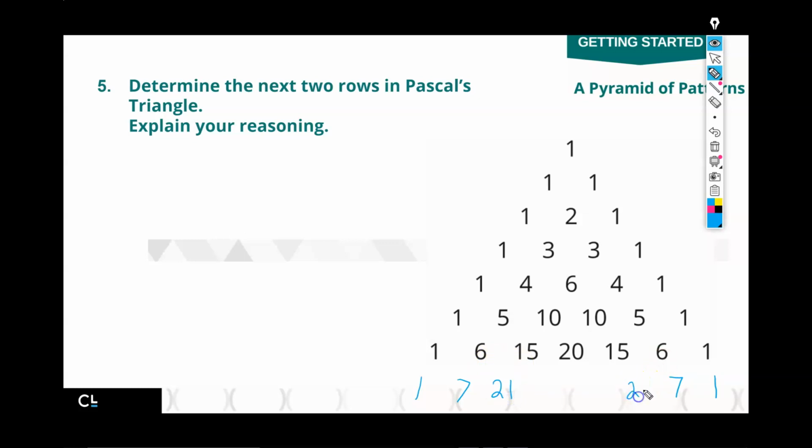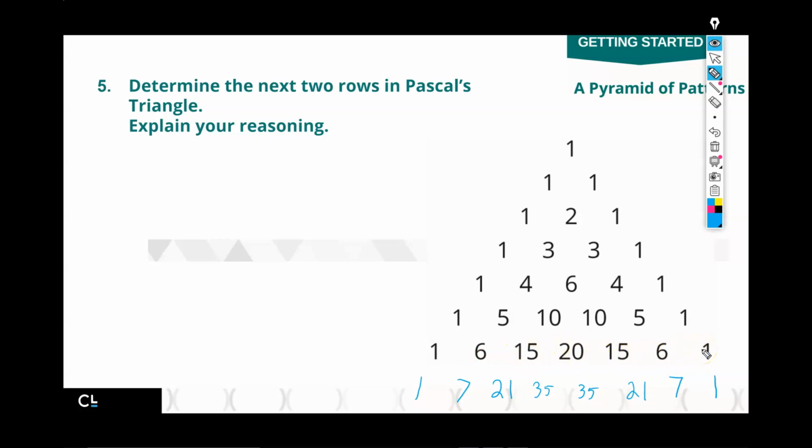So we're going to have 21. 15 and 20 give us 35. And again, 35. So this row has 1, 2, 3, 4, 5, 6, 7.